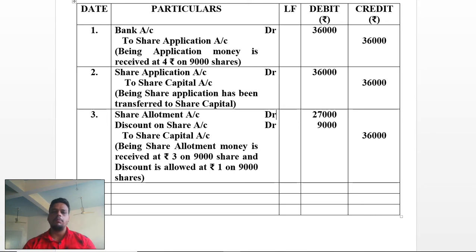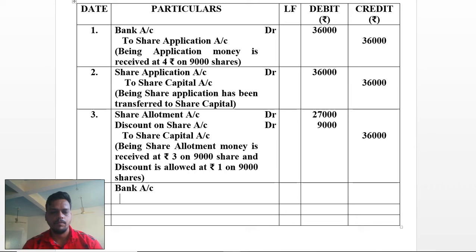Now the difficult part is over, then we have to carry forward with our basic journal entries from here on, as we have completed our allotment entry. While receiving, the entry will remain the same as bank account debit to share allotment account.